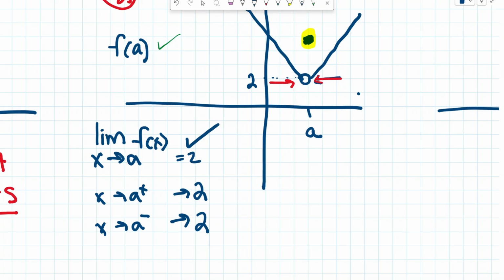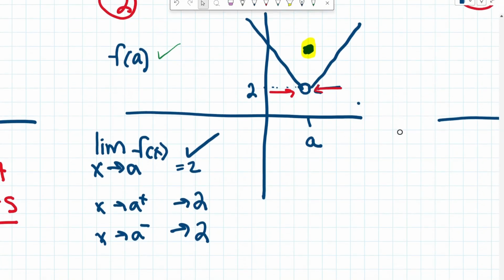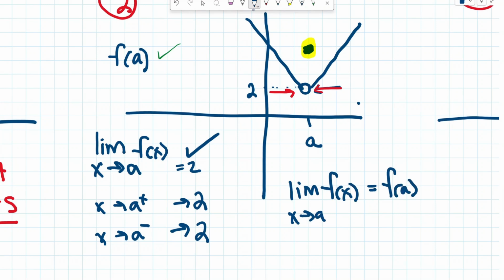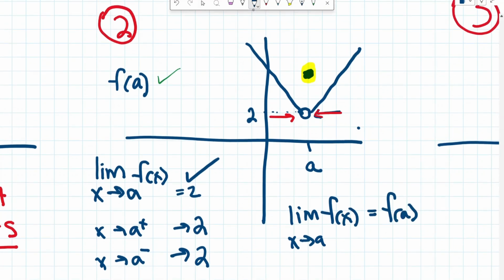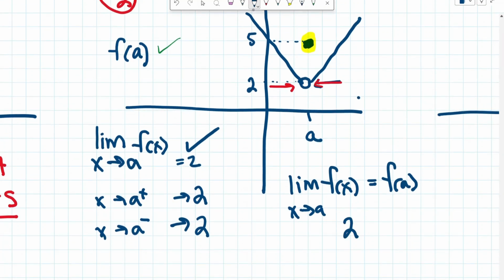Okay, let's see if this satisfies our last criteria. Our last criteria states that the limit as x approaches a of f of x has to equal f of a. Well, we said that f of a exists, but it exists up here. It exists at 5, and our limit equals 2. So 2 does not equal 5.